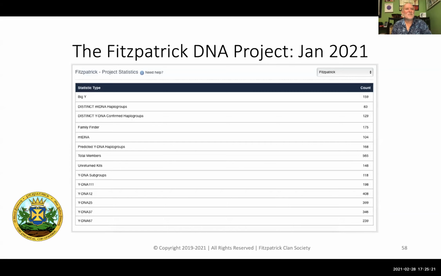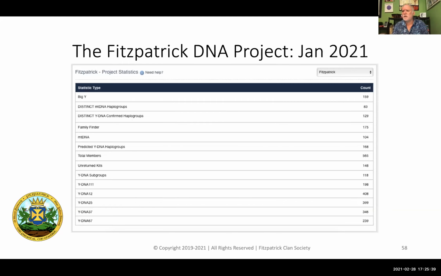Okay, here's a bit of a statistical review of where we're at in January 2021 with the project. You can see that we've got about 565, about 570 members now. Not all are active. Some members came in a long time ago and they've been lost.